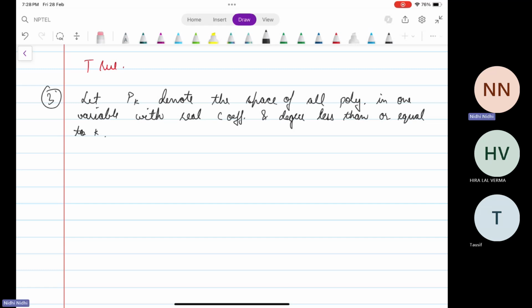It says that P7, the space of polynomials with degree less than or equal to 7, is nowhere dense in C01.